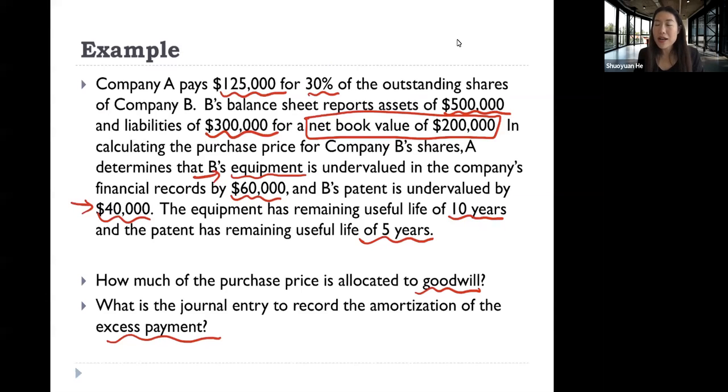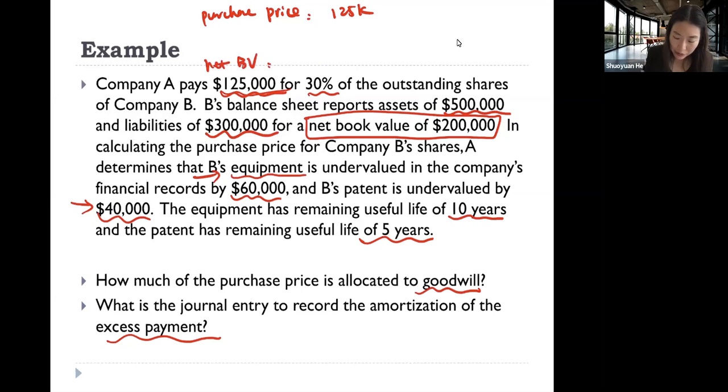So let's first look at the first question. How much of the purchase price is allocated to goodwill? First, let's look at the purchase price the firm paid. Company A paid 125,000. That is the purchase price. And then out of this purchase price, what is the net book value of the equity stock it acquires?